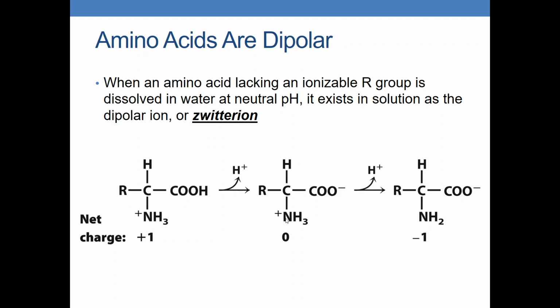Okay, the +1 charge cancels the -1 charge, and I have a net charge of 0. Cool. Now if I keep on increasing my pH to above the pKa of the alpha amino group, so to a pH above 9.5, I can promote dissociation of one of these acidic protons from the primary amine to give the NH2.